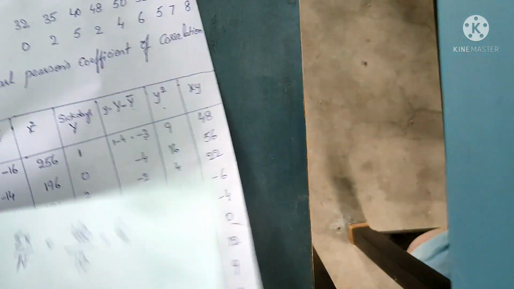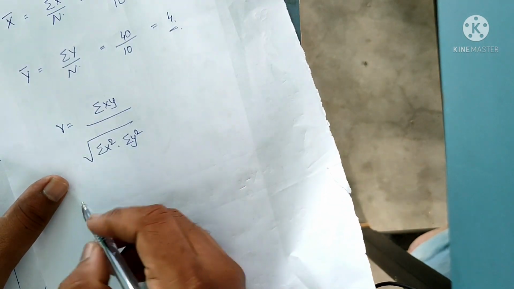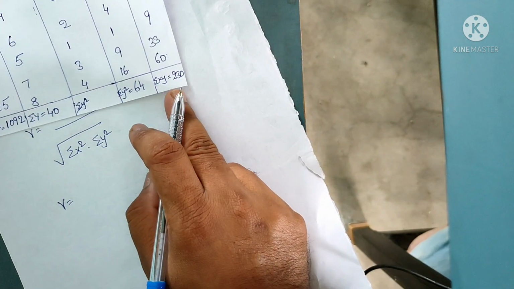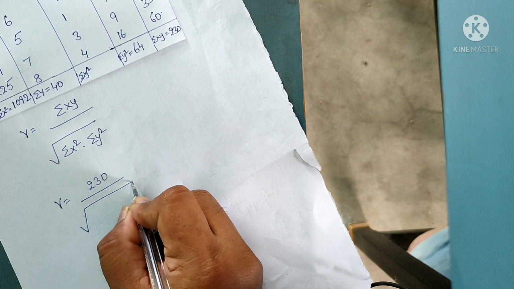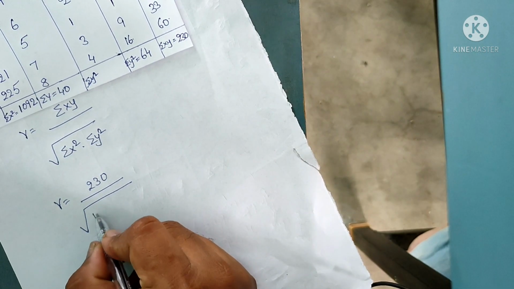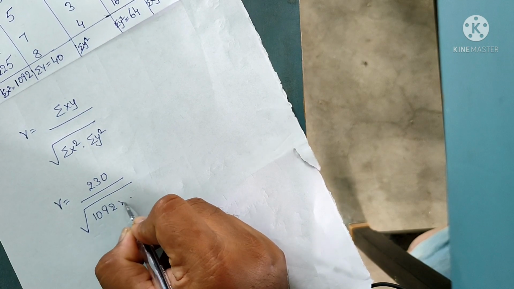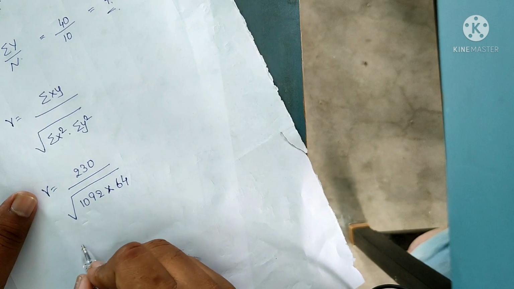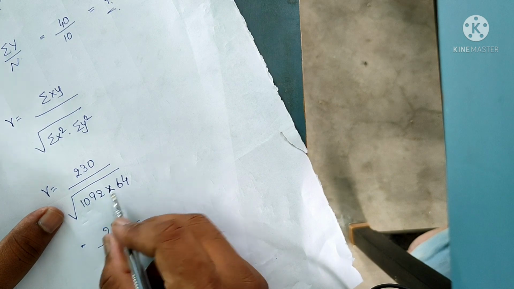Using these values, r equals sigma xy by root over sigma x square into sigma y square. So r equals 230 divided by root over 1092 into 64.